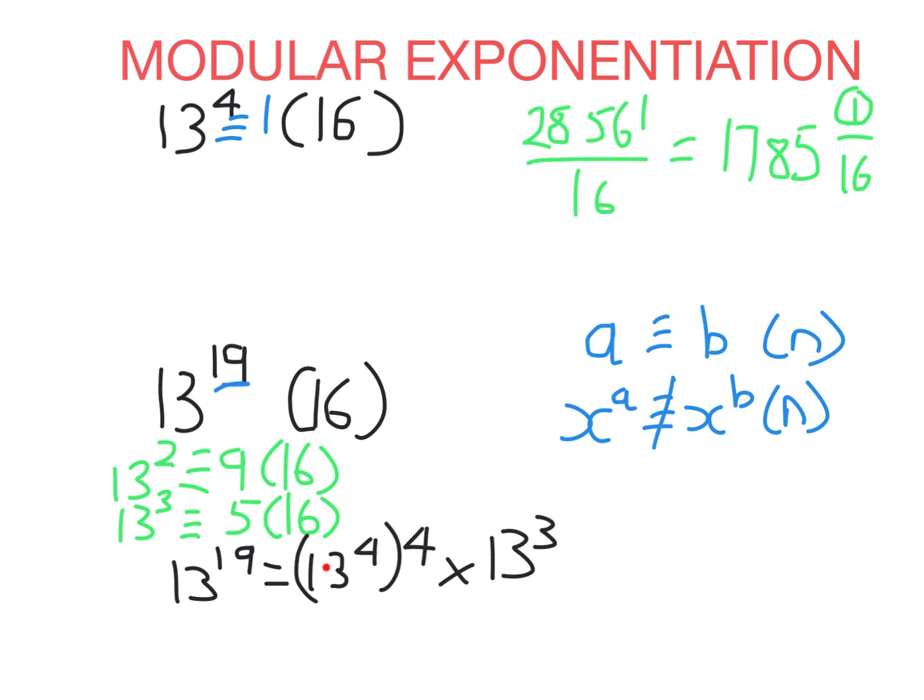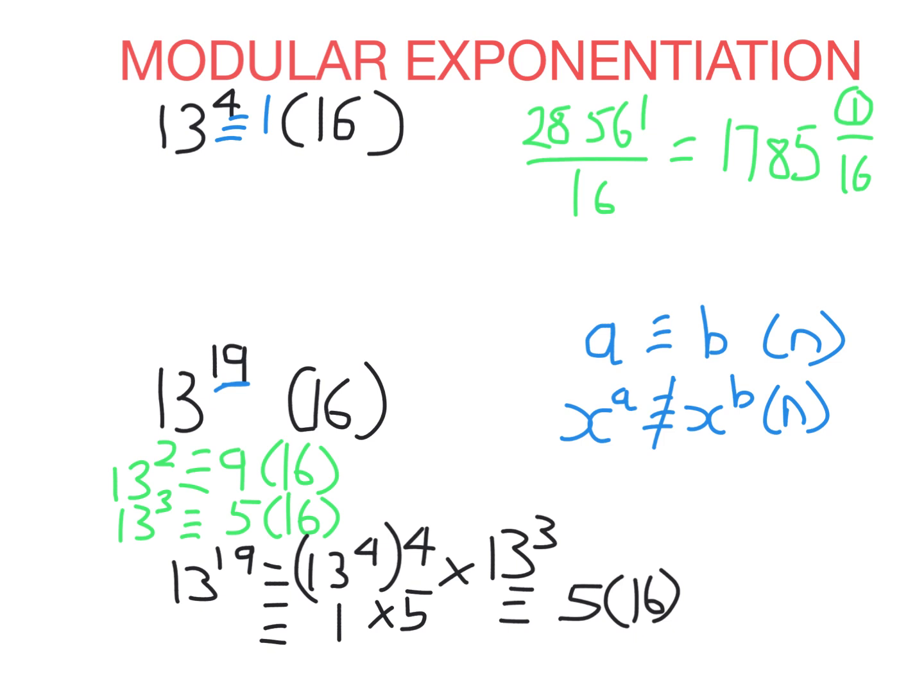Now 13 to the power of 4, we already calculated, was equivalent to 1 mod 16. So 1 to the power of 4 is clearly 1. And then 13 to the power of 3 was 5. So 13 to the power of 19 is equivalent to 5 mod 16. We're breaking up the problem and making the numbers easier.